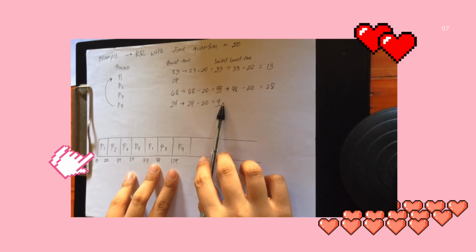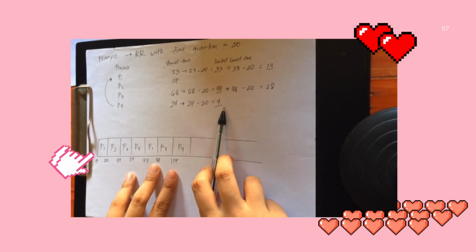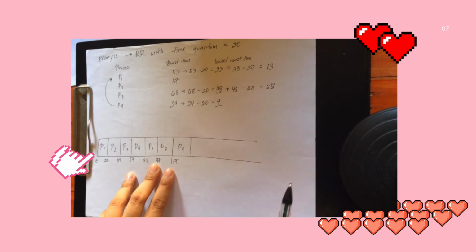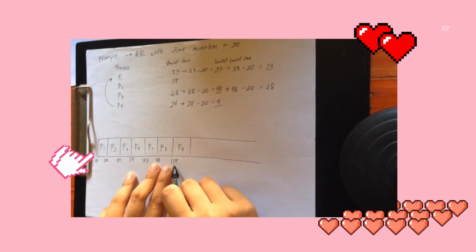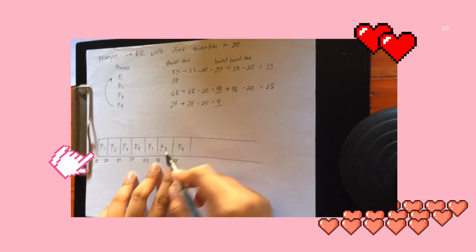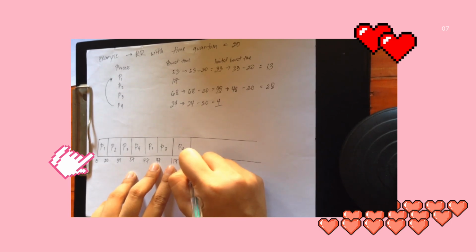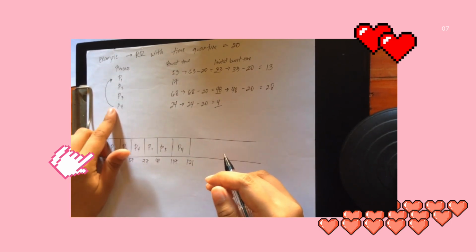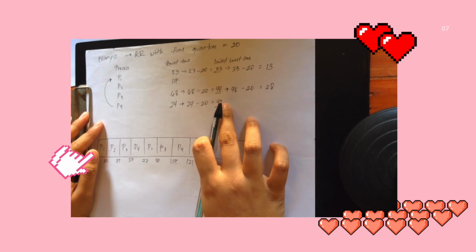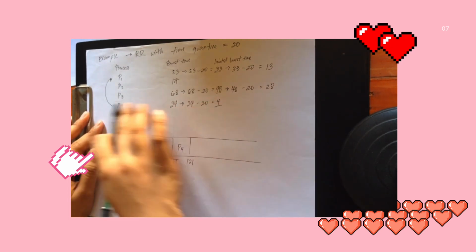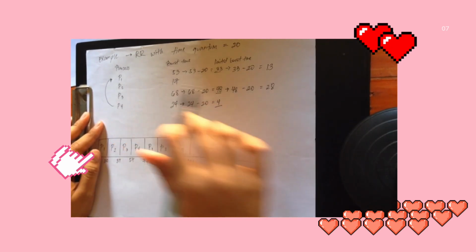Since 20 is greater than 4, we need to just add 4. Like 117 plus 4 is equal to 121 for the value of P4. So, we already used the 4 and P4 is over like P2.